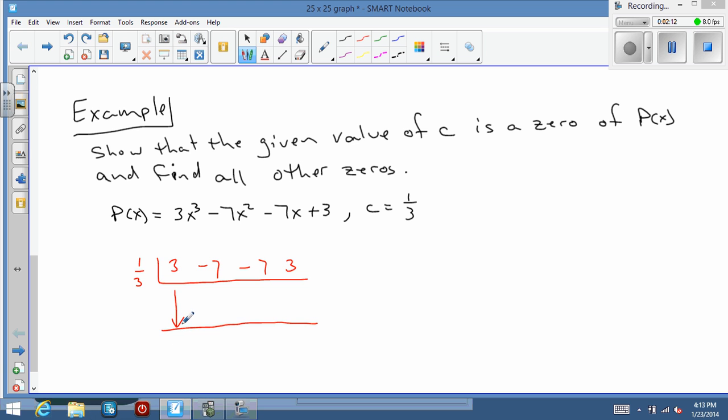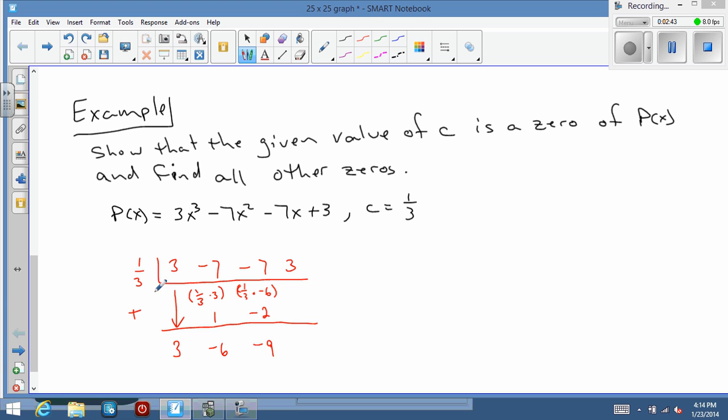So we bring down the 3. 1/3 times 3 is 1. And again, we are adding with synthetic division. So -7 plus 1 is -6. 1/3 times -6 is going to give us -2. -7 plus -2 is -9.